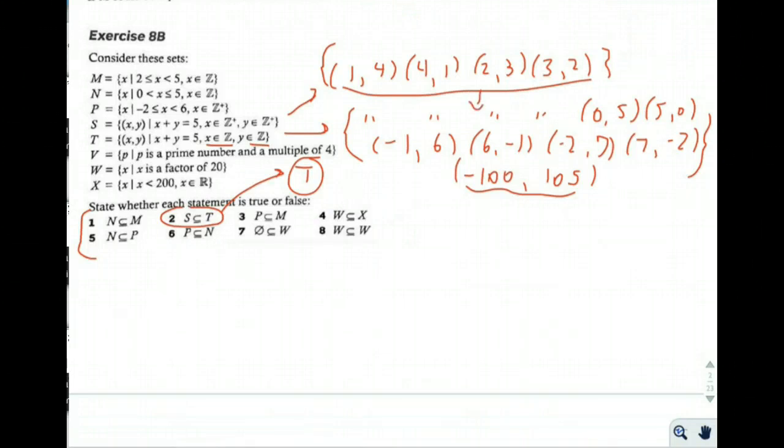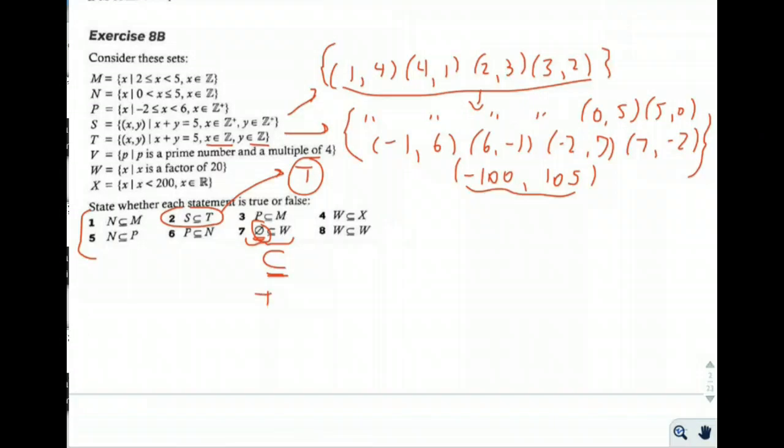Okay? Let's take some of these special cases. For example, it says the empty set is a subset of W. Yes, the empty set is a subset of any set. Okay? It's not a proper subset of any set, but if you have the horizontal line here, yes, the empty set is a subset of W. Yes, that's true.